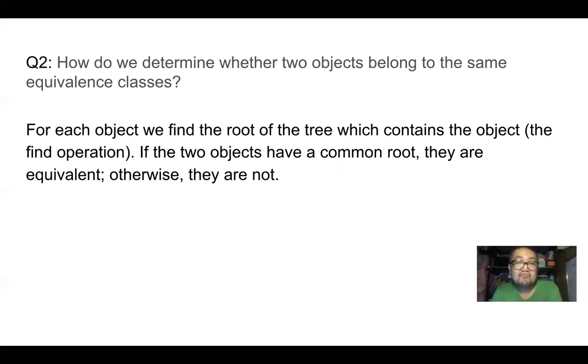And how do we know if two nodes belong to the same tree? What we will do is we will look for the root of the tree that contains the node, and we will look for the root of the tree that contains the other node. If they have the same root, if they have a common root, then they are equivalent, meaning they belong to the same equivalence class. If they have different roots, then they don't belong to the same equivalence class.